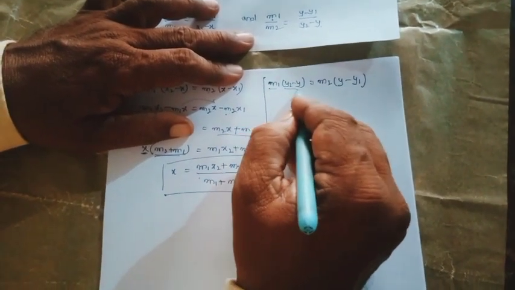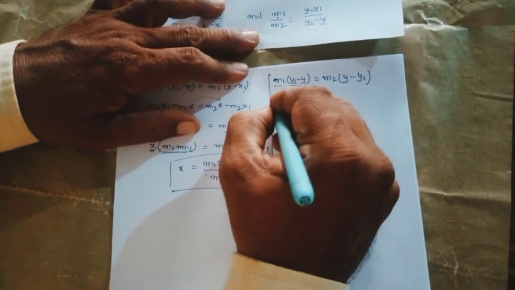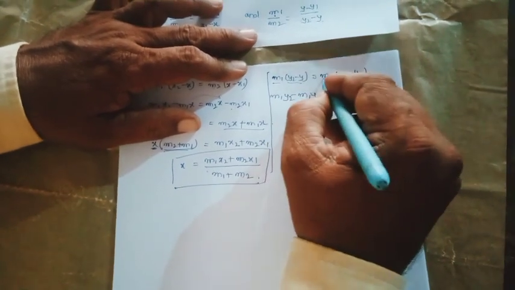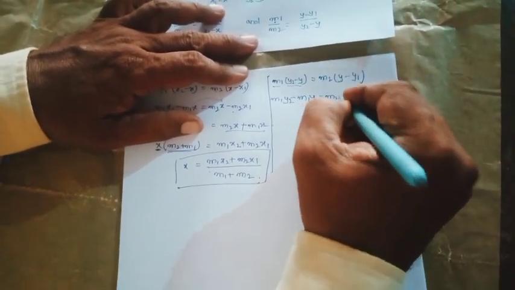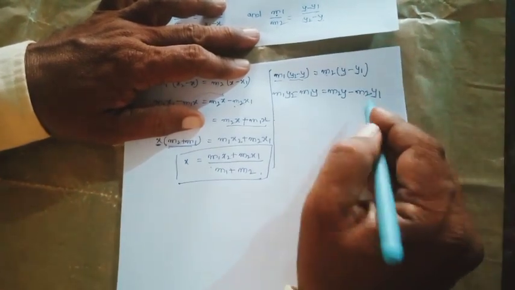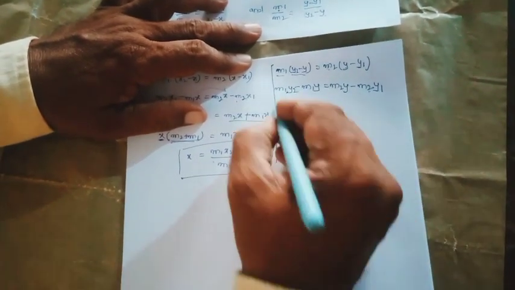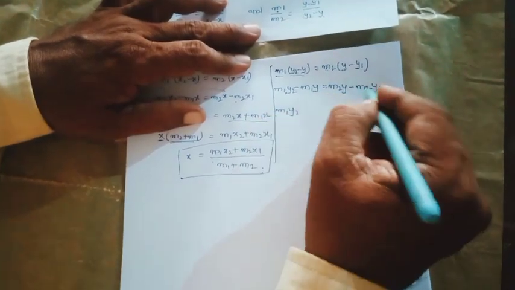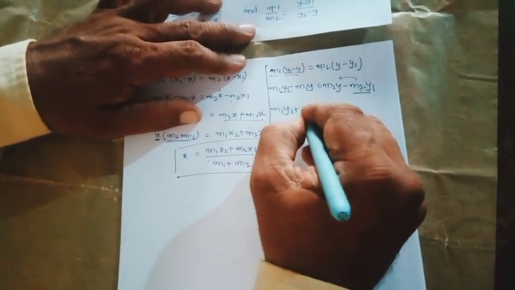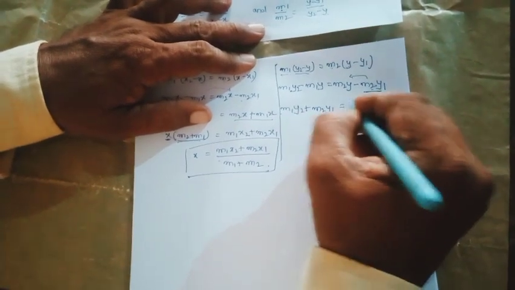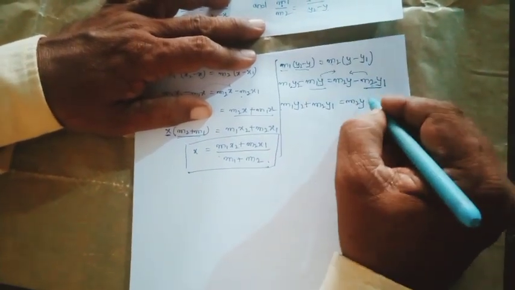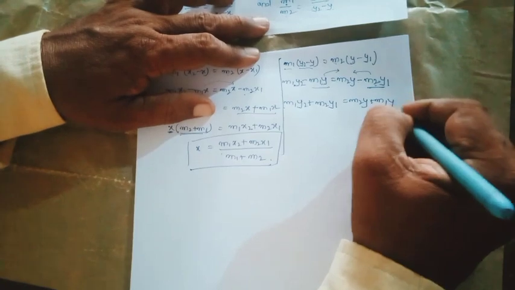Again multiply monomial into binomial: M1 Y2 minus M1 Y is equal to M2 Y minus M2 Y1. Again this Y1 term, if you transfer to LHS, becomes plus M2 Y1, and M1 Y2 stays, which is equal to M2 Y minus M1 Y. If you transfer to RHS, it becomes plus M1 Y.